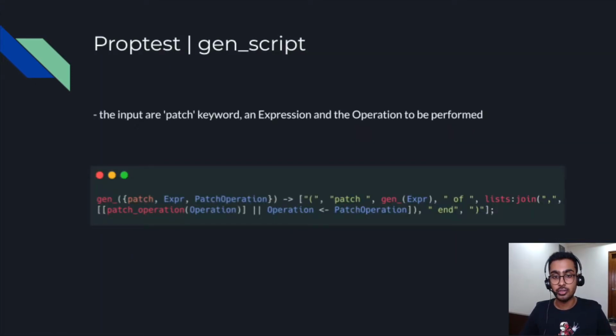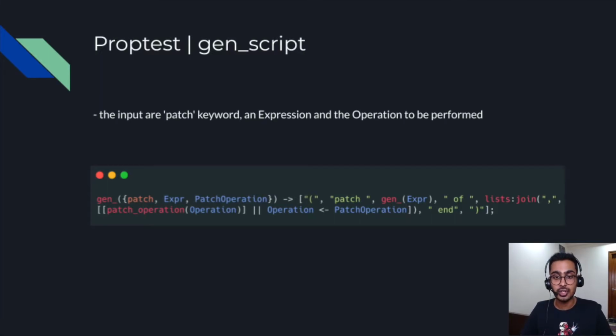And coming to how the gen script file is written. So basically, as you can see, there are different functions with the same name, gen underscore, and based on pattern matching and how you give the input, this particular function gets called. If you give these three as input, those are the patch keyword, the expression, and the patch operation.